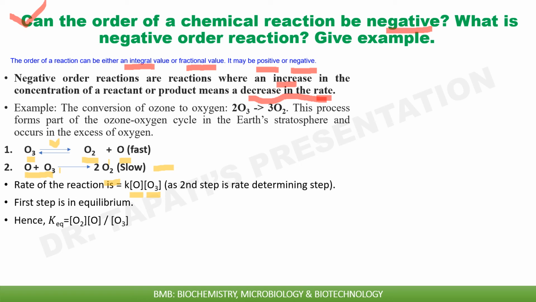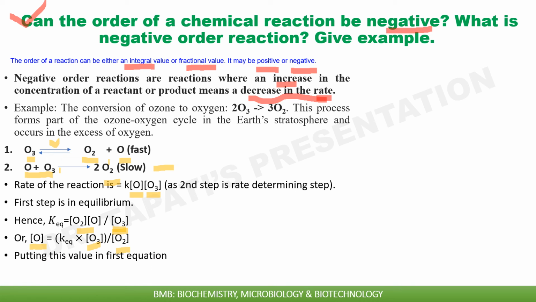Hence, K equilibrium is equal to concentration of products divided by reactant. That is, concentration of products means concentration of O2 into O divided by concentration of substrate, that is O3. Or we can calculate concentration of O is equal to K equilibrium into O3 divided by O2.